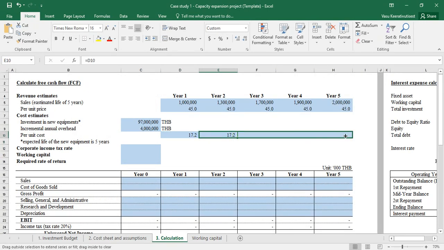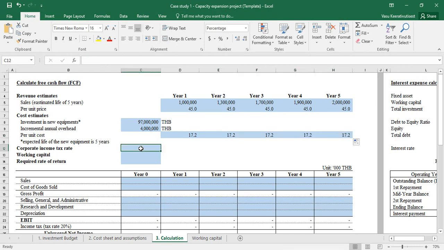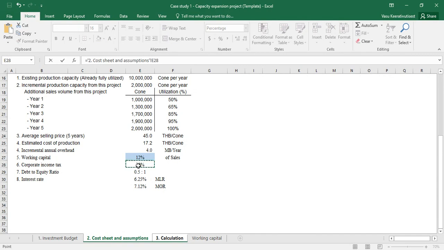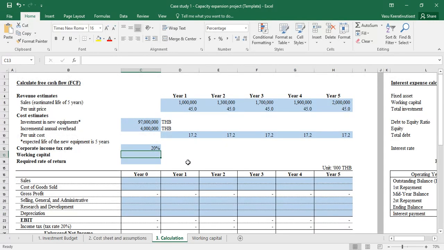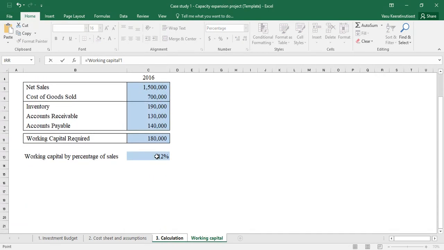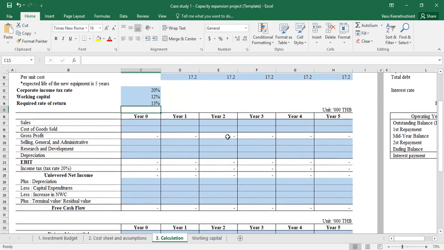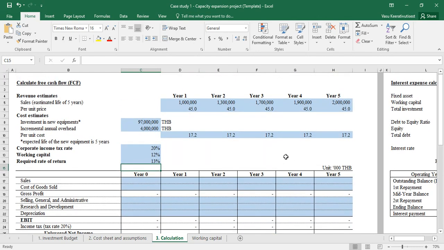What is your corporate income tax rate? That is 20%. Working capital is 12%, so you link to this calculation. Once you change anything here, it will affect all the calculations. Have a look at the case. What is your discount rate? 13%. So right now you're almost done with all the assumptions that are ready for your calculation.